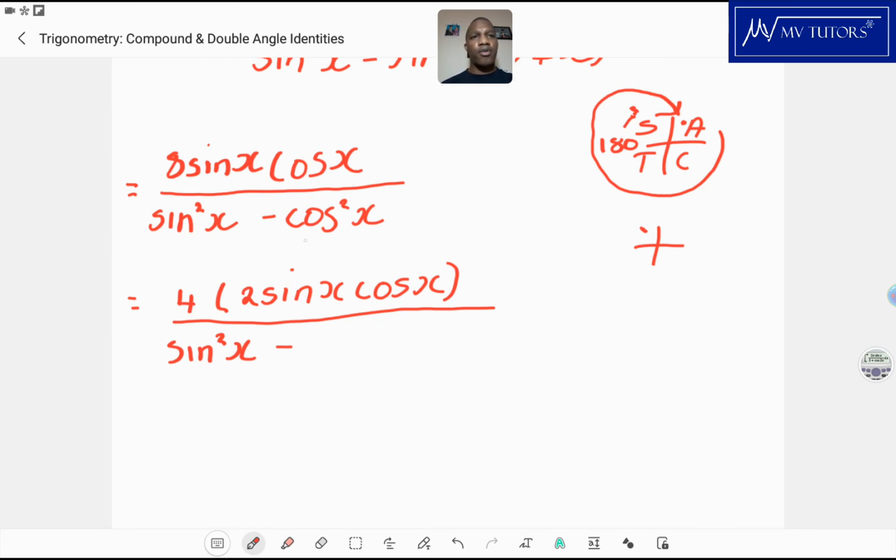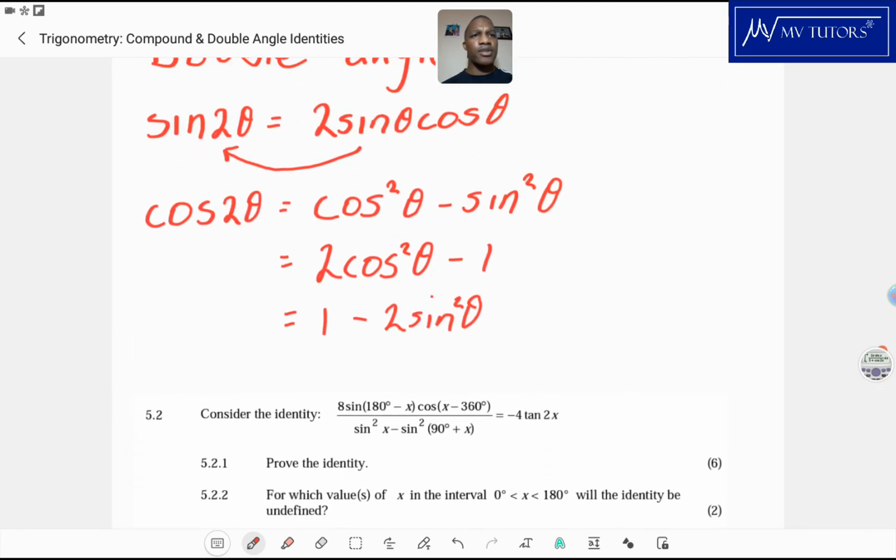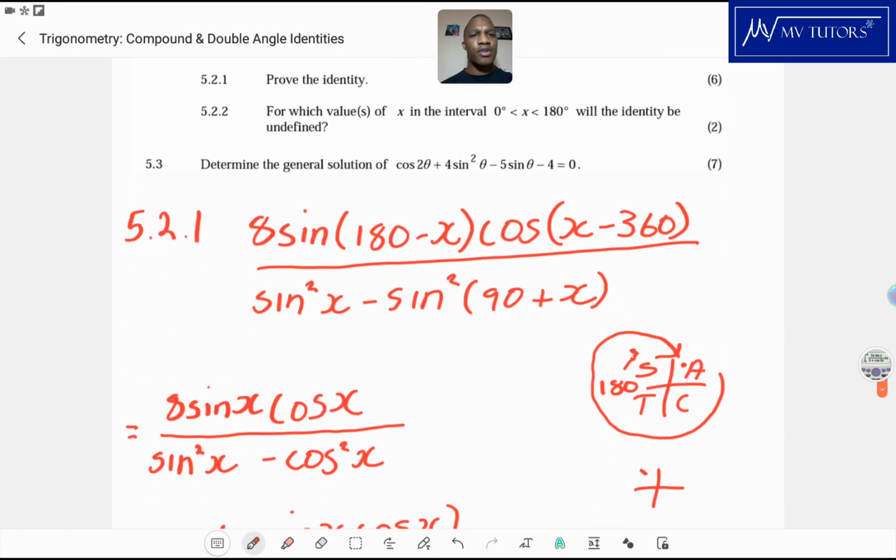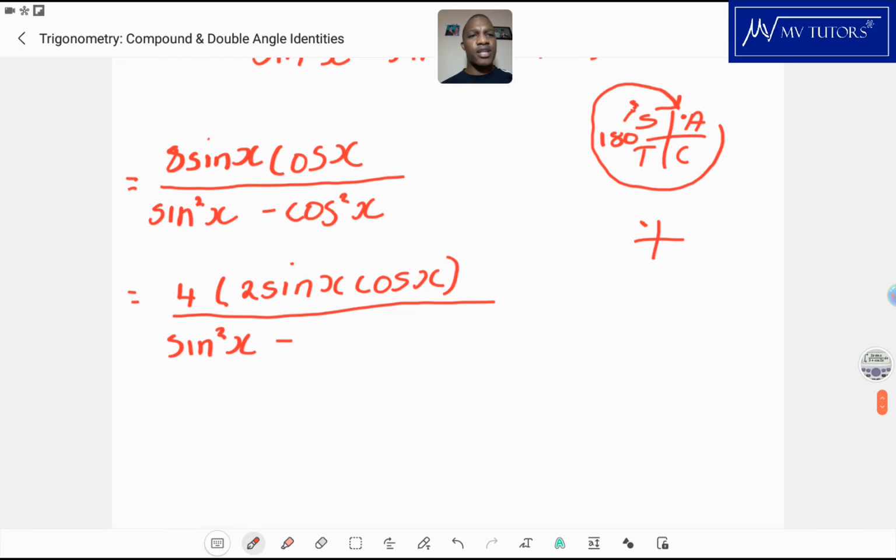Based on experience, I know I have to manipulate this whole thing such that it becomes cos squared minus sine squared, so that I can also move likewise from this side to that side. So how am I going to manipulate this such that it does that? Let me rub this first, and then let's put the pen back on.